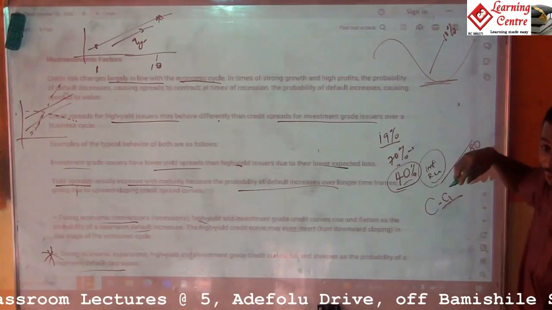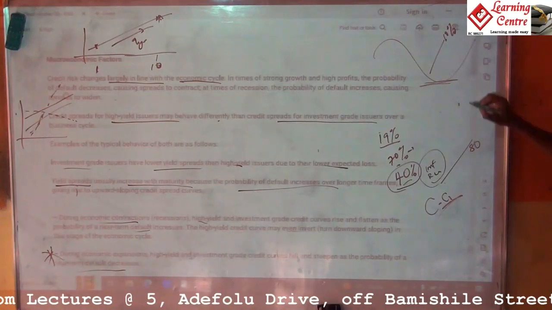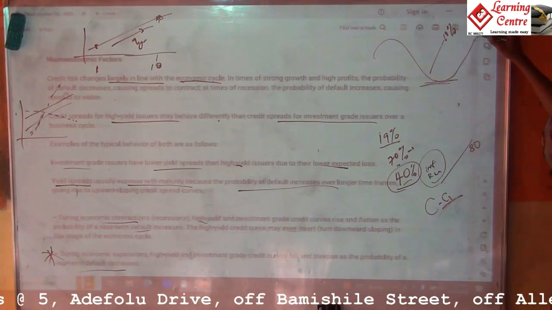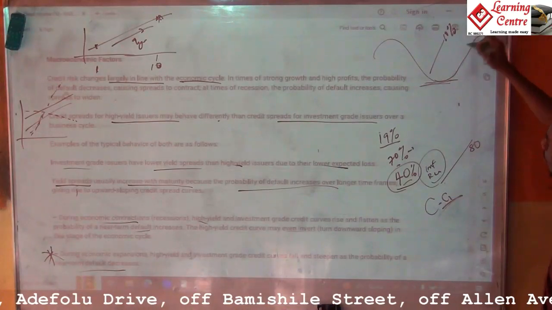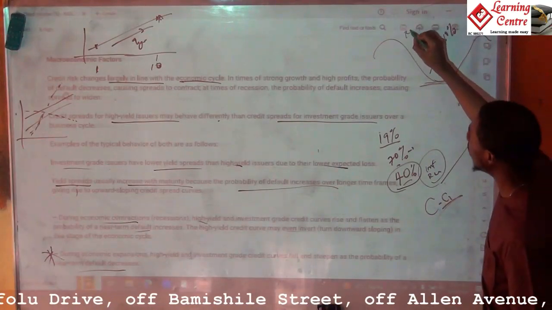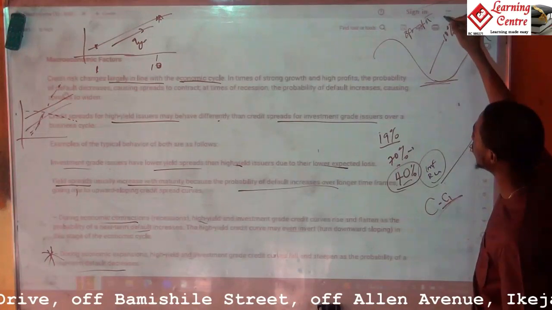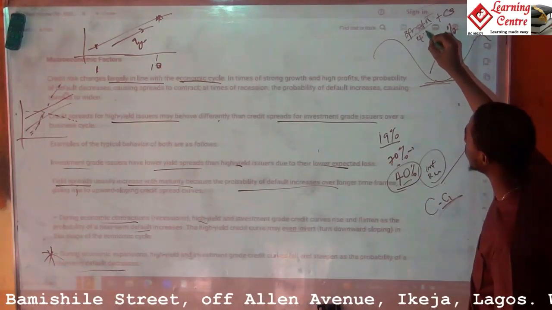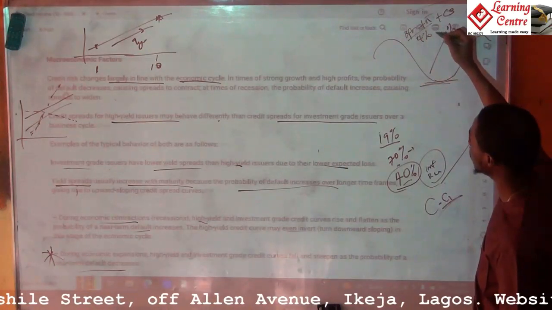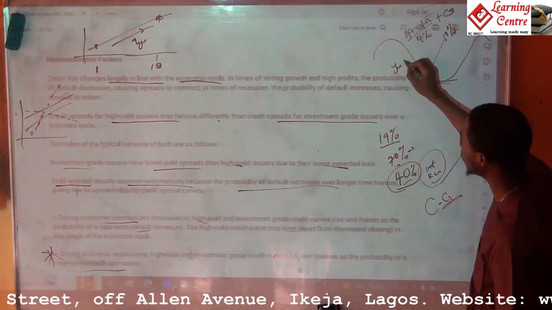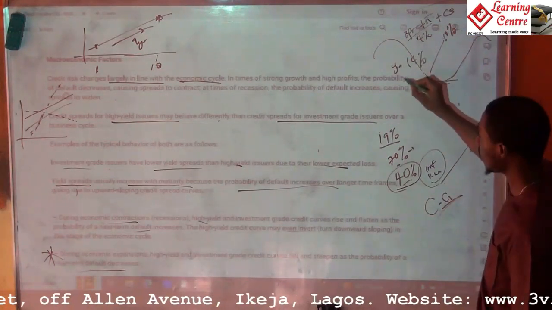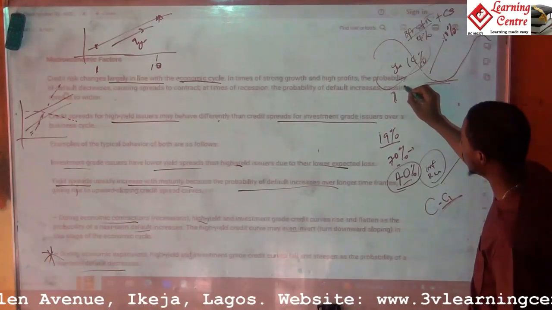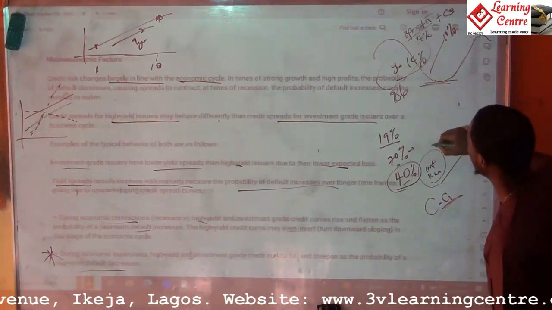You can correctly predict when this economy will leave recession and come to the boom, when the credit spread will come to 1%. Now let's take for example, RF plus inflation plus credit spread. If these two are 4%, credit spread on top is 10, so total yield on this bond is 14%. You bought this at 14%, price will be like, let's say, 786.